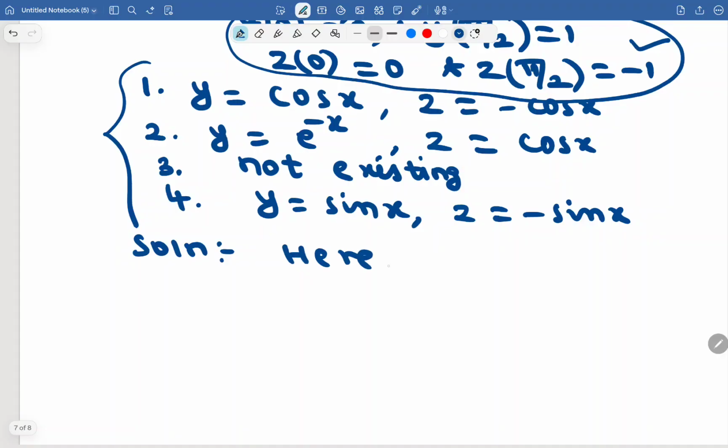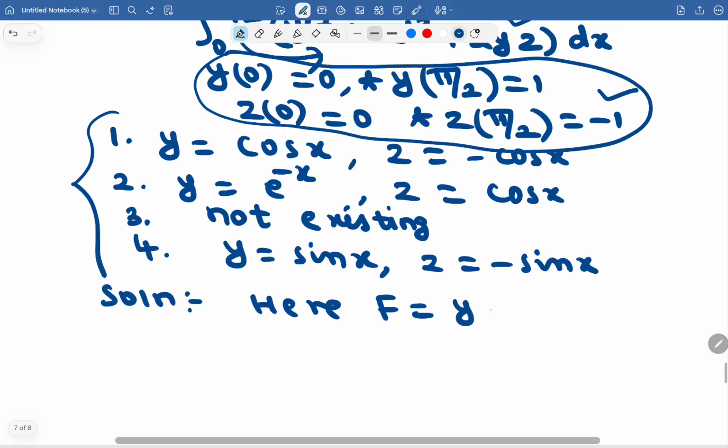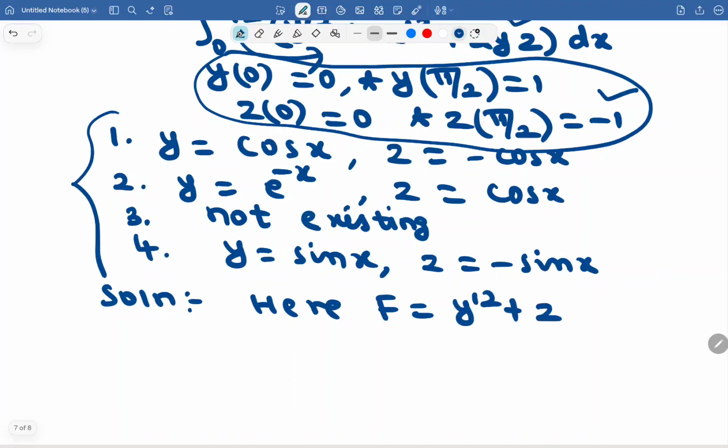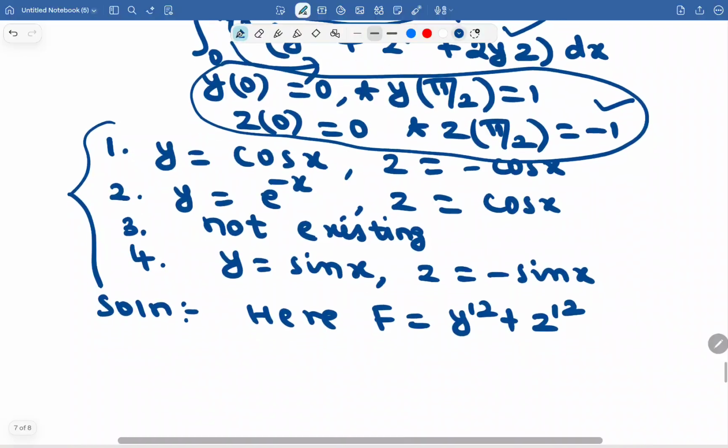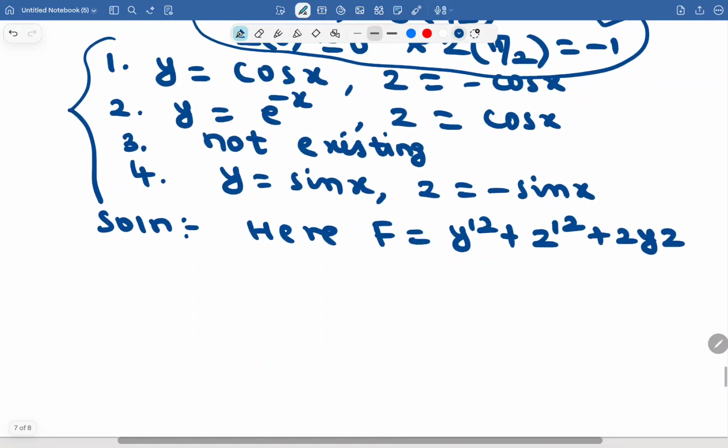Here, what is f? f is y dash square plus z dash square plus 2yz.